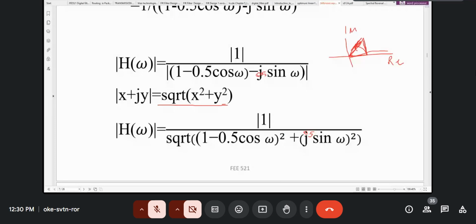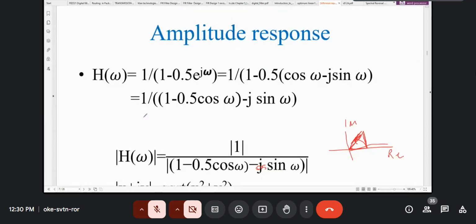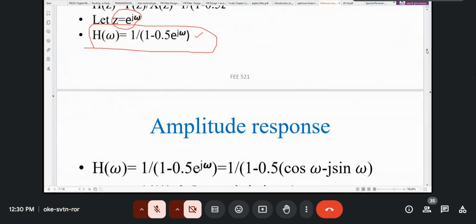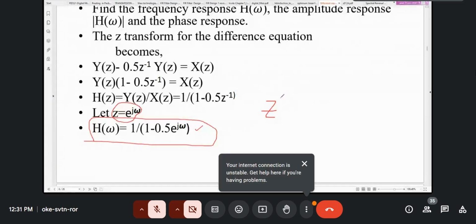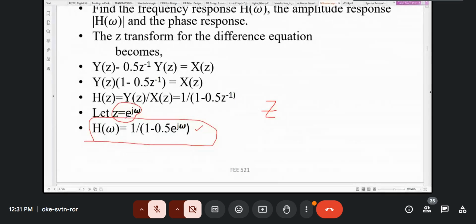For the previous answer, it had to be e to the power of negative j omega, since z is to the power minus 1. Yes, you are very right. Z is e to the j omega.